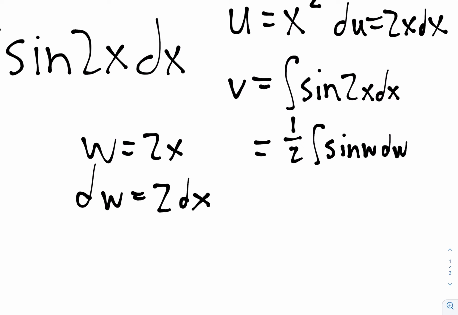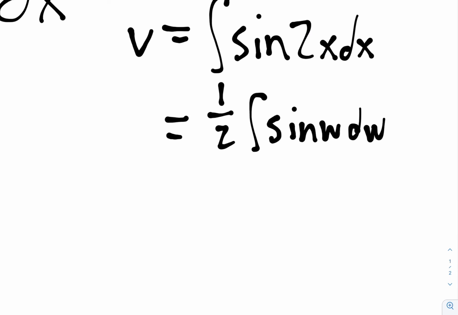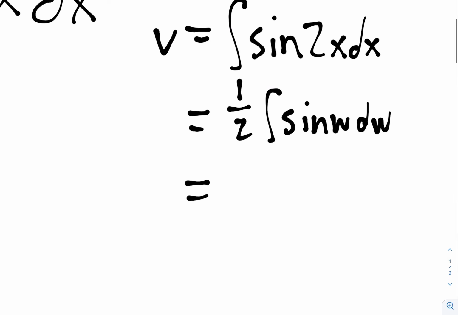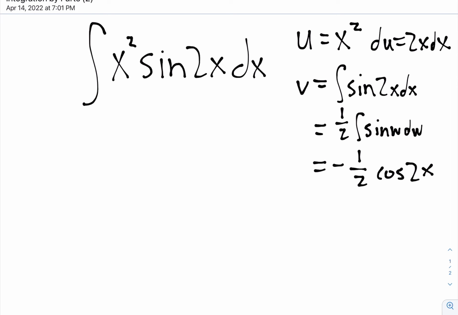We have to add that half in there to cancel it out. So just touch up on your substitution rules there, but after we evaluate it, we're going to get that it's equal to negative 1/2 cosine 2x. And we're not going to worry about our plus c right now.